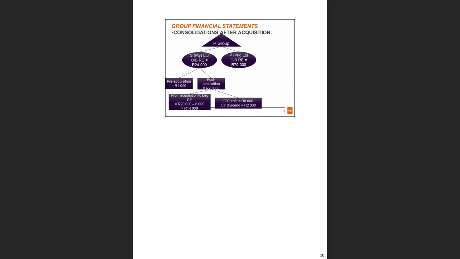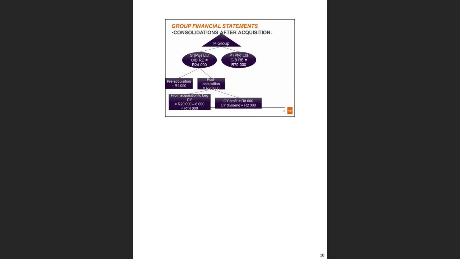So what is our pre-acquisition retained earnings? It is basically the profit that the company made before it was acquired. Before S was acquired by P, it would have operated and made a profit, and this would have been accumulated in its retained earnings.